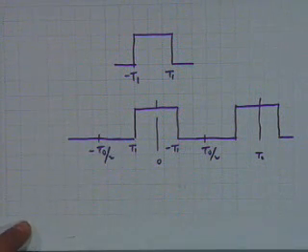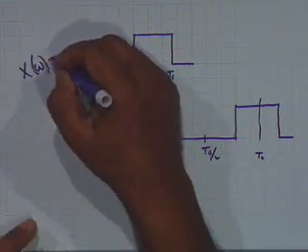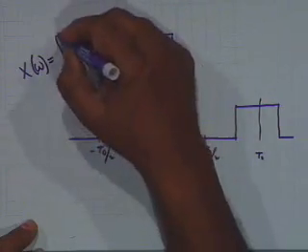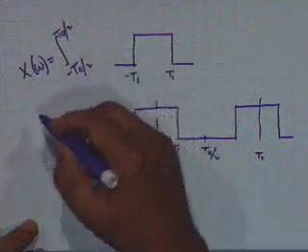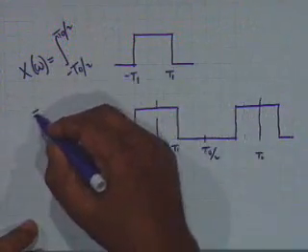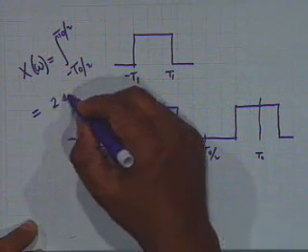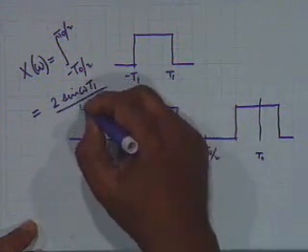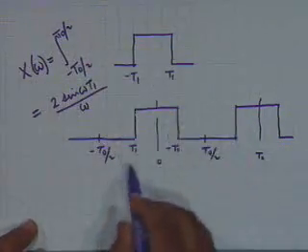Let's take, for evaluating capital X of omega, one of the integrals as minus T0 by 2 to plus T0 by 2. Then you know what the value is. What was the value? Twice sine of omega T1 divided by omega, right? That's the value if I integrate from here to here.